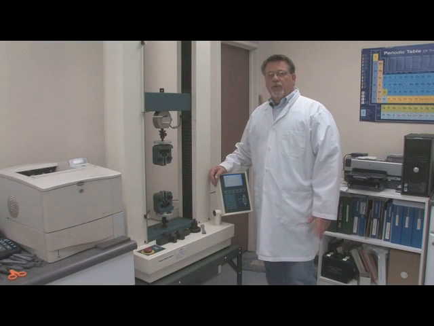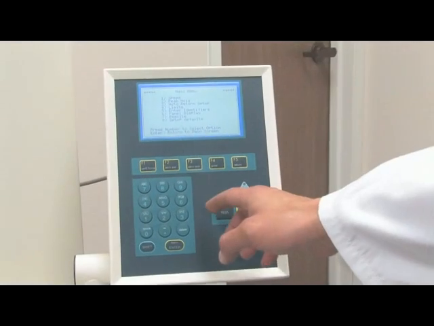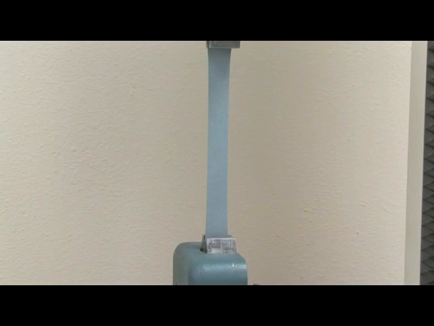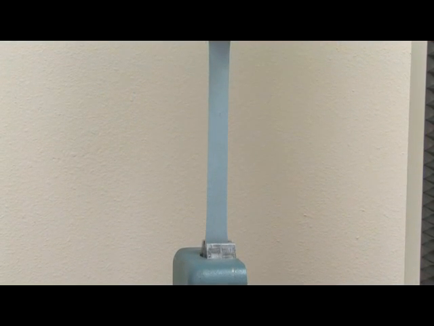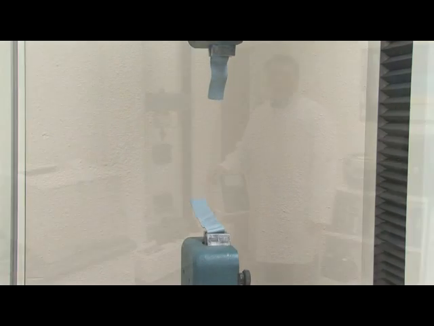Another important piece of equipment in the lab is a physical properties tester. This particular device is a Tinius-Olsen, and we use this to test tensile strength, elongation properties, compressive properties, flex properties.